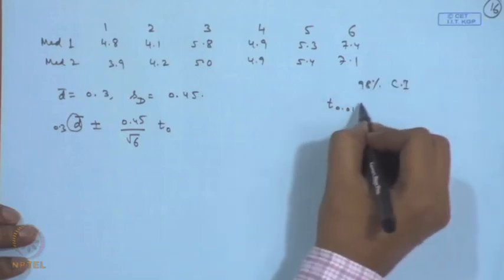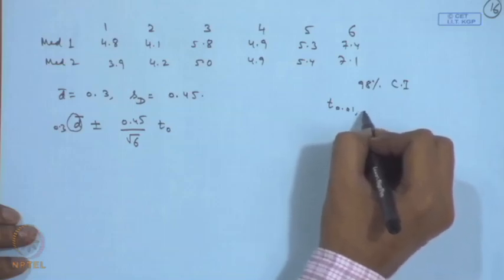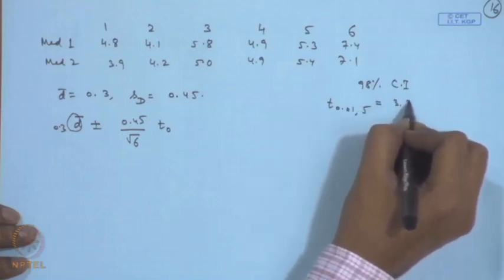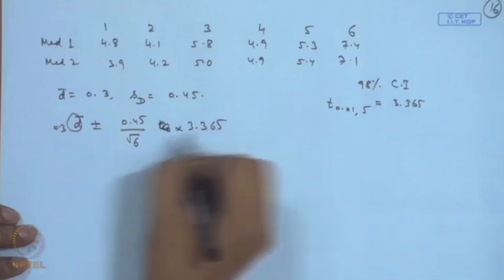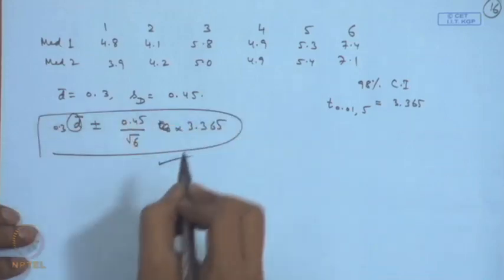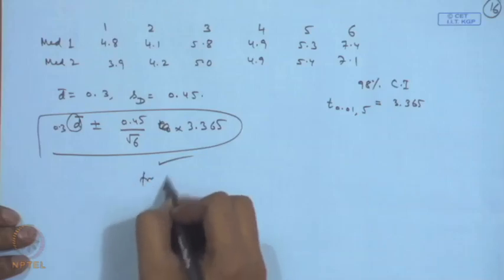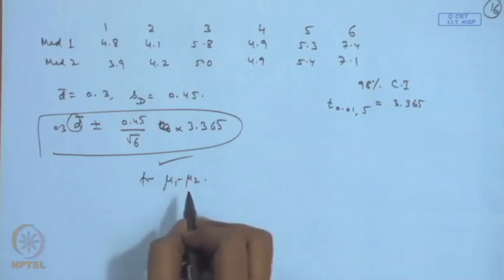Okay. So, we calculate t 0.01 on 5 degrees of freedom, that is 3.365. So, that is 3.365. One can get this as the confidence interval for mu 1 minus mu 2.